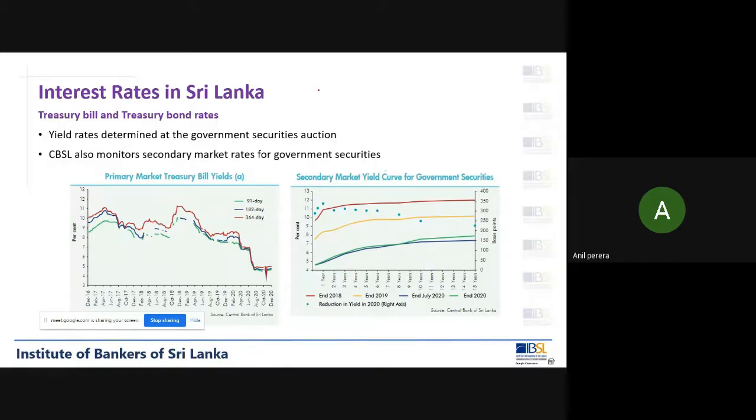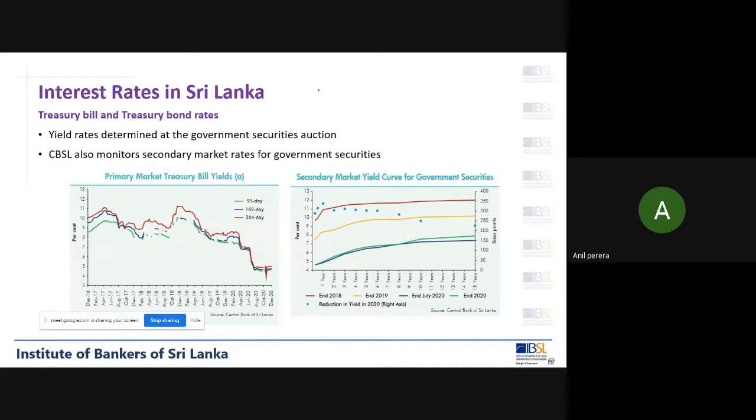So these are actually market rates, not decided by the central bank. Why do we call them market rates? These are determined at the auctions. Primary dealers come to the auction of the central bank and buy treasury bills or bonds at the auction.